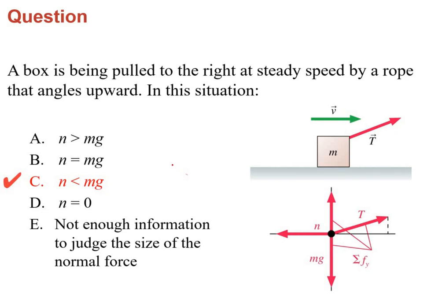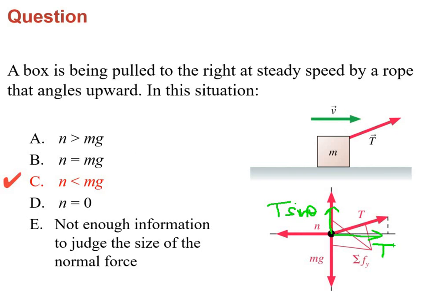As I pointed out in one of the slides, there's a misconception that the normal force is always equal to mg, and that's not true, because whenever there is a component of the force that is not resolved, like tension at an angle, there's a component of tension that affects the value of the normal force. The normal force is up, there's a T sine theta and a T cosine theta.